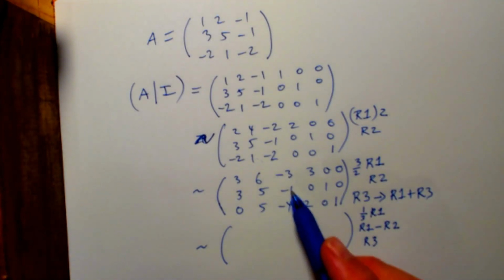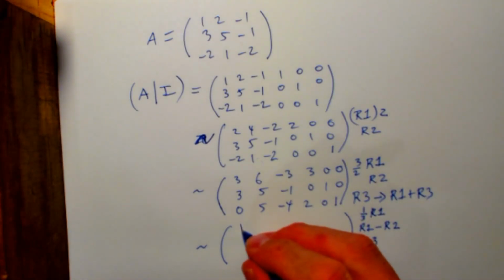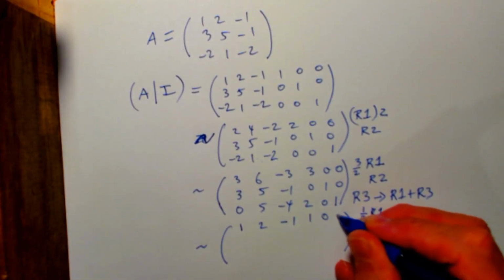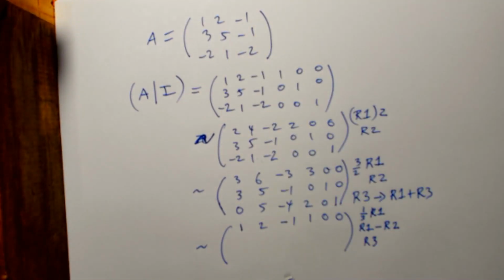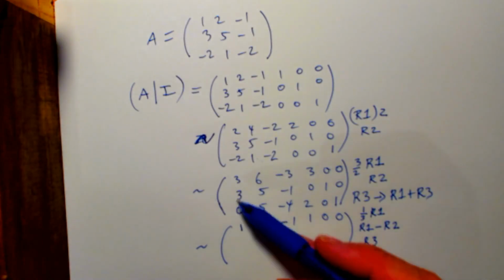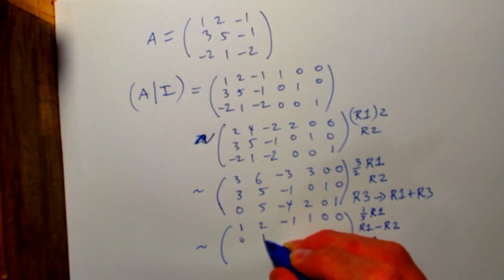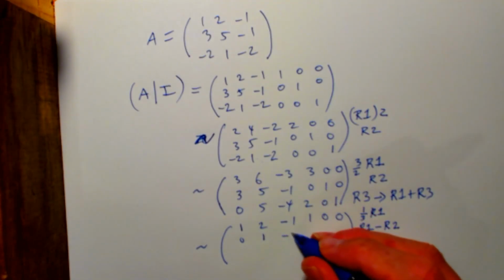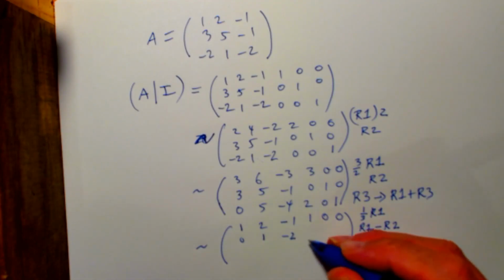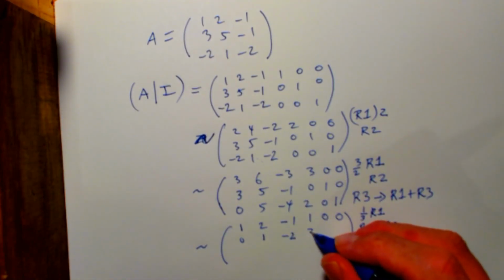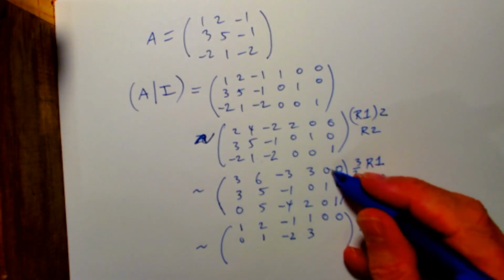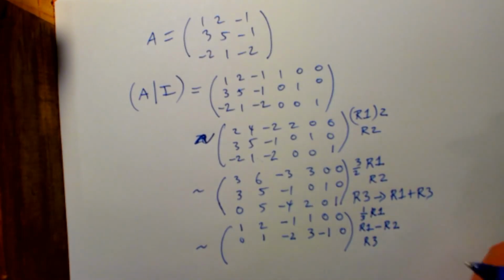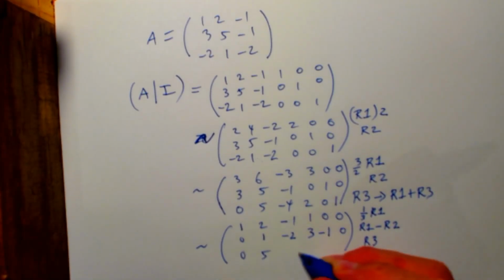Okay, so let's see, dividing row 1 by 3, we have 1, 2, minus 1, 1, 0, 0, just as we have up here. Now, row 1 minus row 2, that gives 0, 1. Minus 3 minus minus 1 is minus 2. 3 minus 0 is 3. 0 minus 1 is minus 1. 0 minus 0 is 0, and then row 3 just the same.